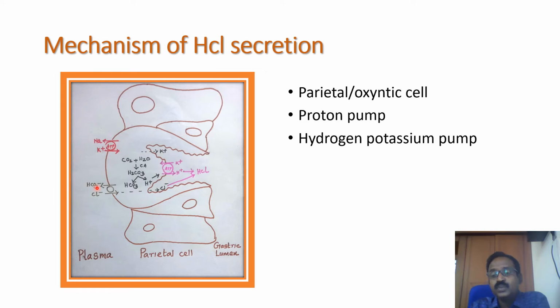So it produces the postprandial alkaline tide. This is an important point in the mechanism of hydrochloric acid secretion.